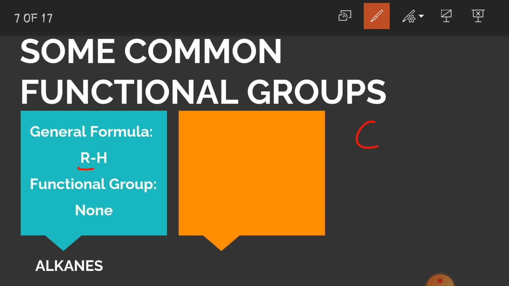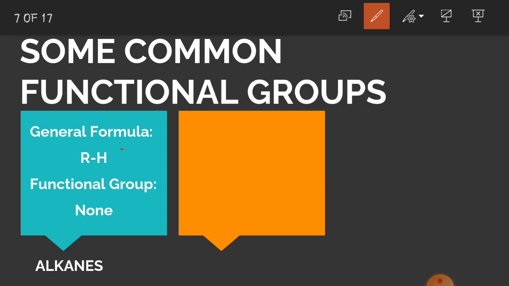For example, we have a compound that is methane. Now, if we remove a hydrogen atom from this methane, then it will be converted into a methyl group. Similarly, if a hydrogen atom is removed from any other hydrocarbon or alkane, then it will be considered an alkyl group.